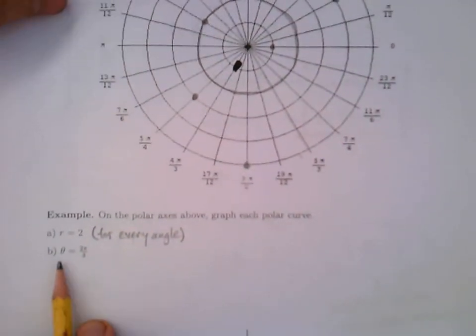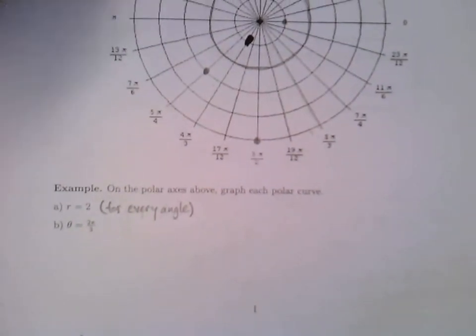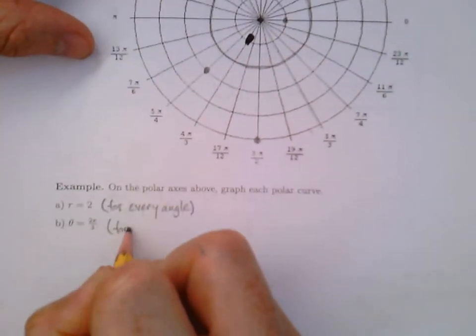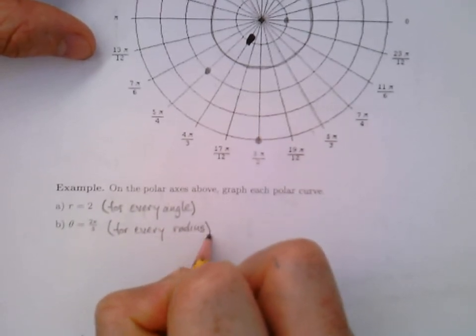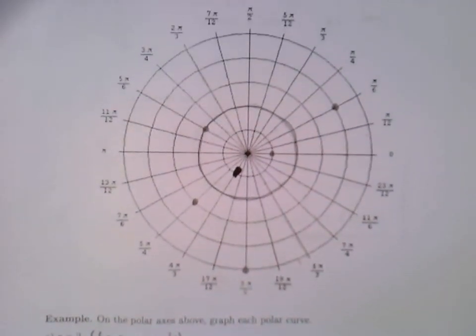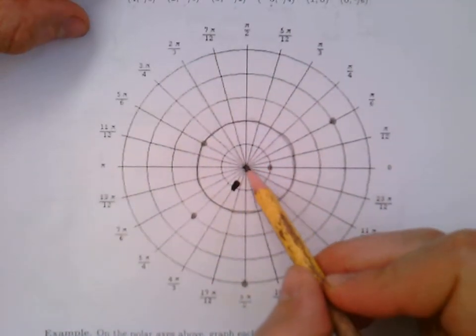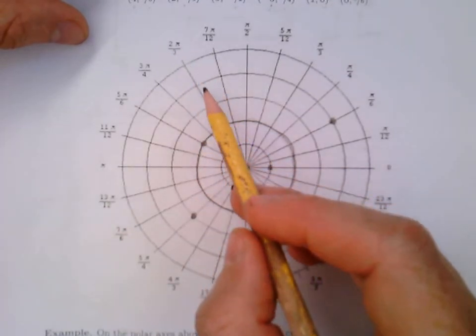Okay. How about theta equals 2 pi over 3? That means for every radius, your angle is 2 pi over 3. So I'm going to look at 2 pi over 3. That's this direction, right?